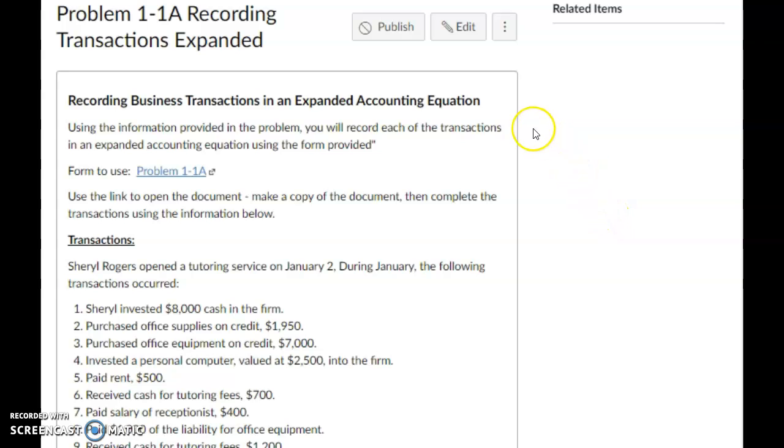When you open it up, it's going to be recording transactions. So you're going to use the information in this problem and record each of the transactions in an expanded accounting equation. And I've given you a form. You're going to use the link to open this document, make a copy of the document and complete the transactions, and I've put the transactions here.